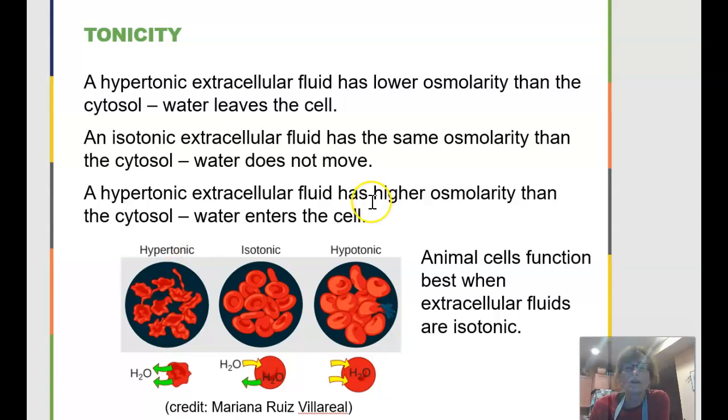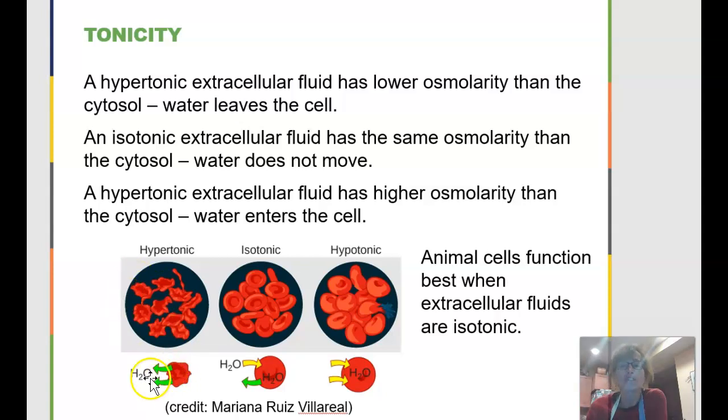Here's an example, a classic picture of it. So these are red blood cells in all of these little images below. And when we look at a solution that we say is hypertonic, meaning we're looking at what's outside the cell. So if this group of cells here is in a solution that is hypertonic, meaning it has lots of dissolved materials in it, then water's going to move out of the cell.